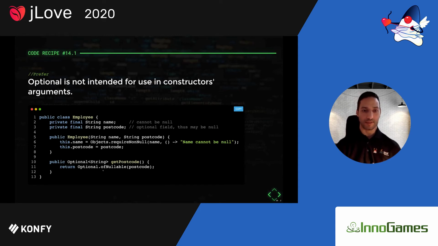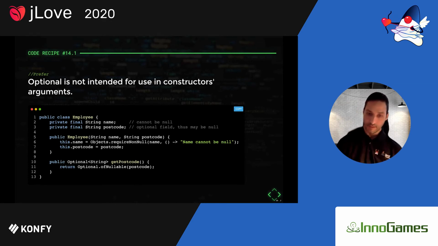What ofNullable does is check: if it is null, create an empty Optional and return it. If it's not null, wrap the postcode in an Optional of its type and return it, in our case an Optional of String.